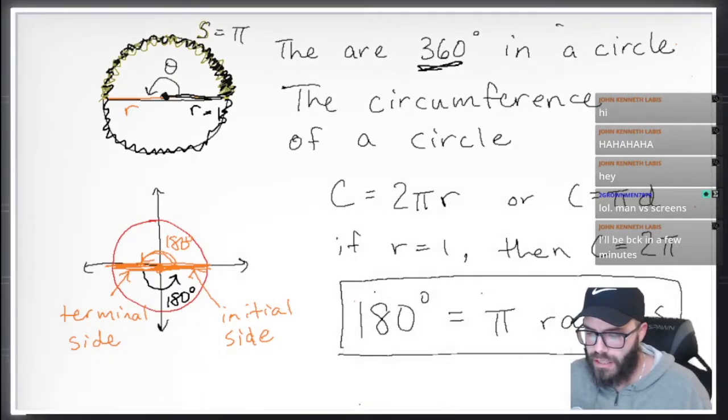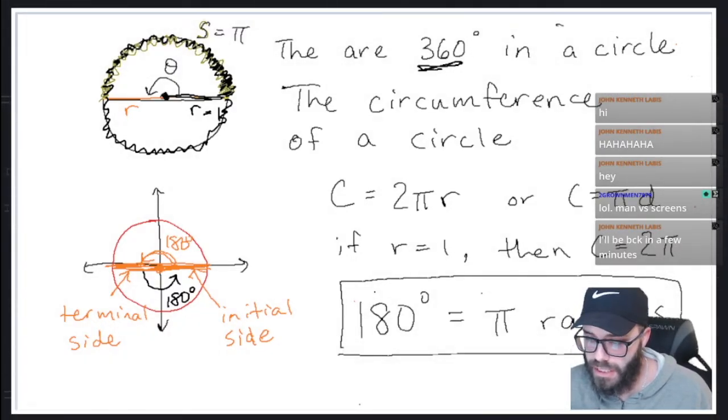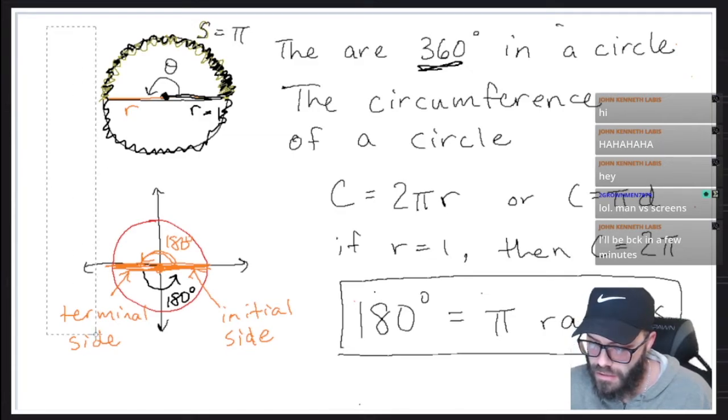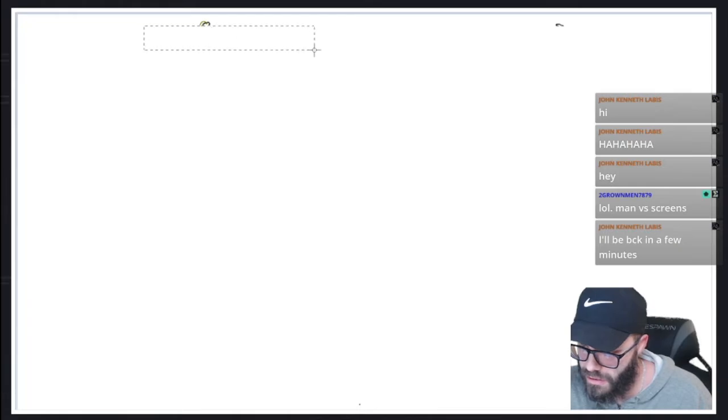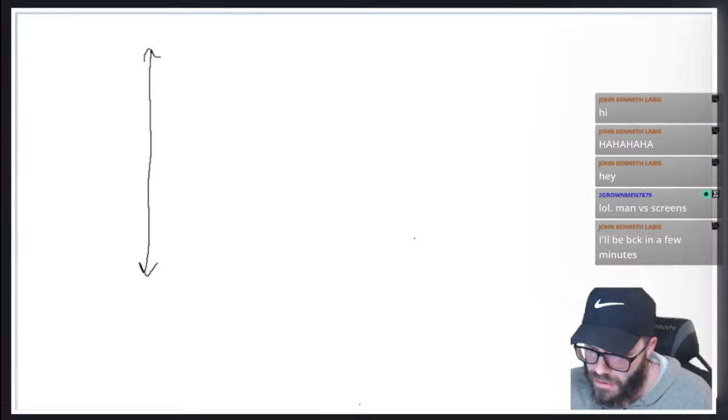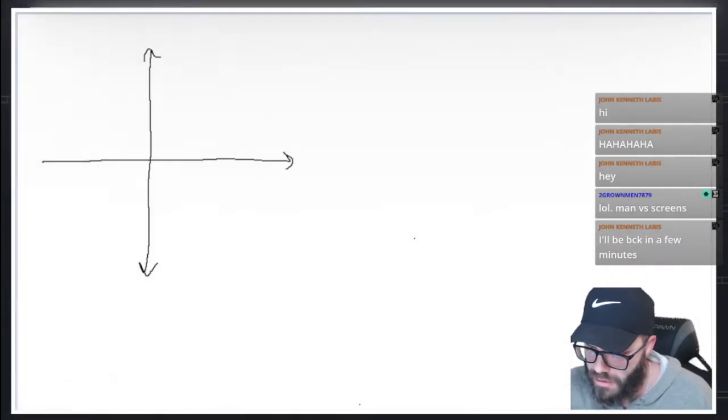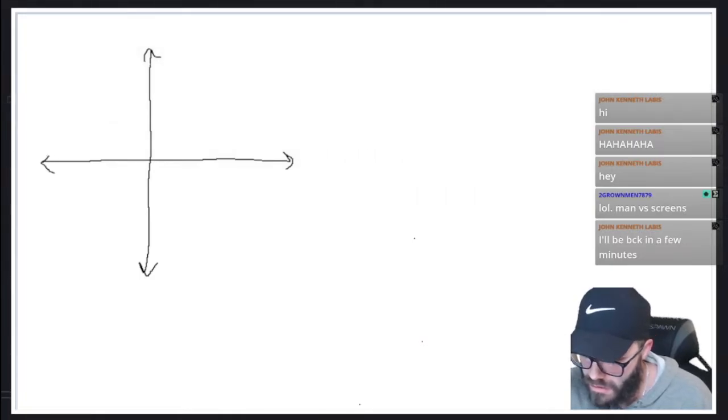So now if we go back to the beginning, where we sketched a 120-degree angle, initial side, 120 degrees.